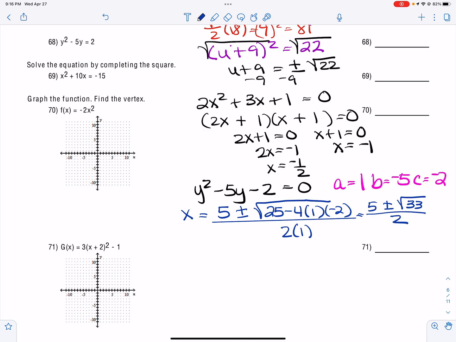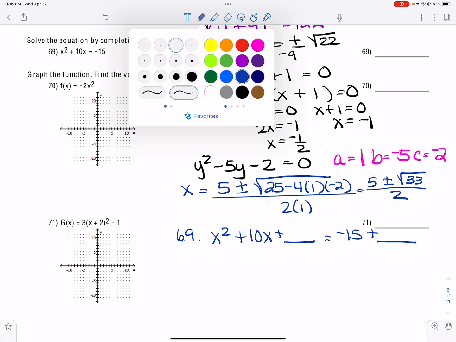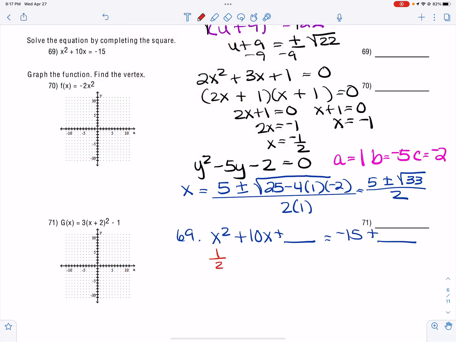Now the next one is set up for completing the square, and it's done nicely for number 69. We are just going to leave the -15 on that one side, and we're just going to create our blanks. So this is number 69, x squared plus 10x plus blank is equal to -15 plus blank. And I'm going to take half of 10, which is 5, and square it, which is 25, and those go in the blanks.